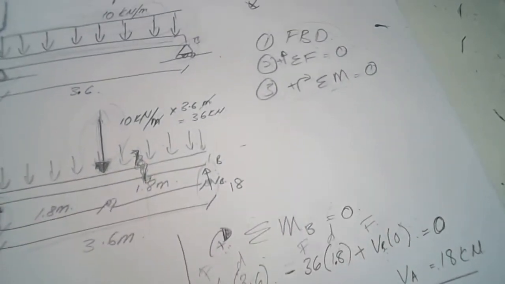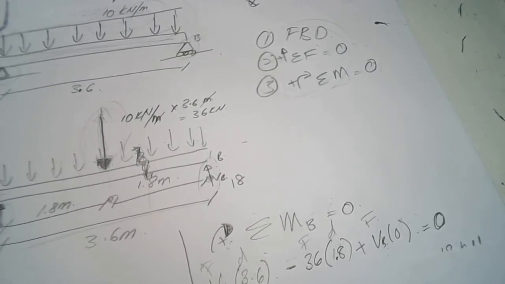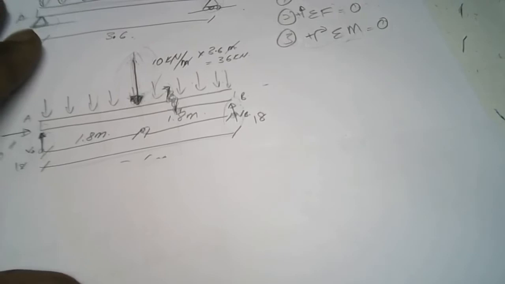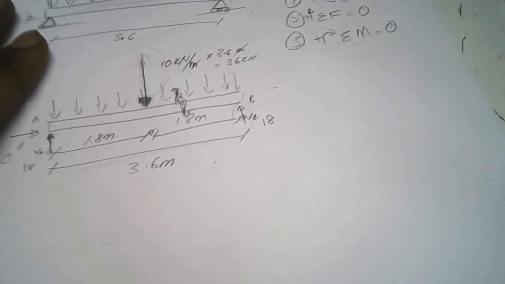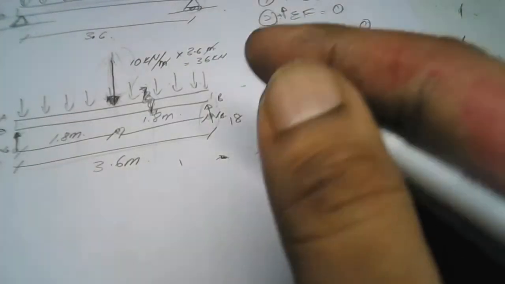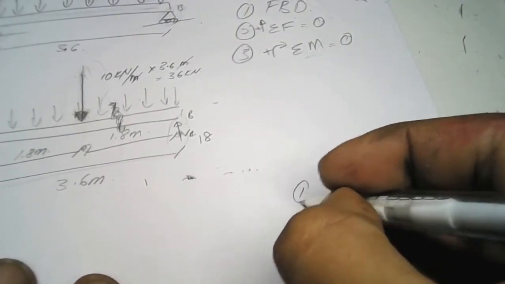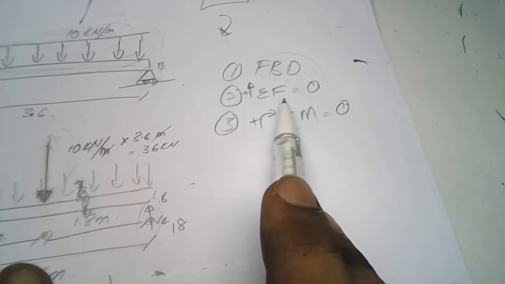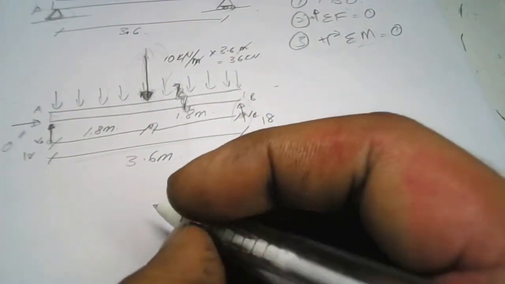Then we have to do the imaginary cut. You still remember the imaginary cut? If you forgot about it, you have to refer back to my first session. I will do the free body diagram. If you want to do the imaginary cut, you have to remember three important things: free body diagram, summation of F, and summation of M. We go for the free body diagram.